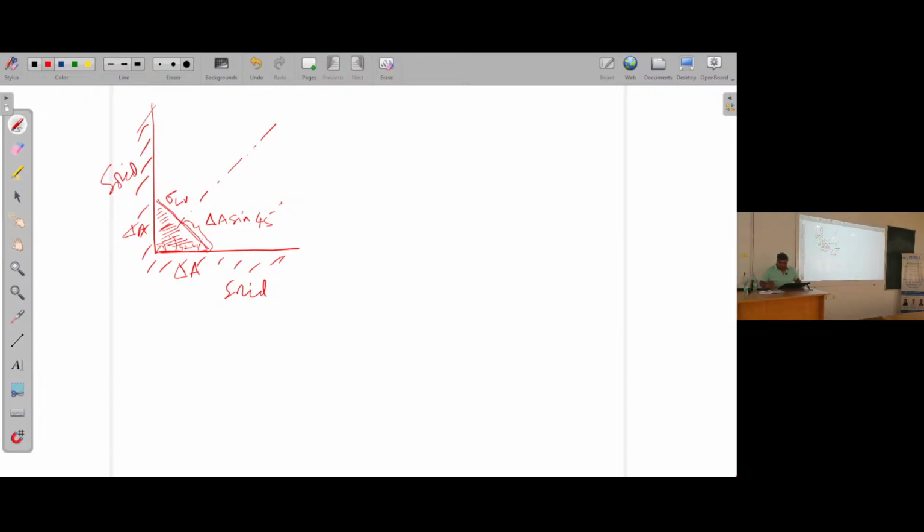So one way to look at it is the surface energy of this as projected onto the surface. So it has to touch the surface, it has to fill the surface. If you project this surface energy onto the surface delta A, you can say that the surface energy is going to be sigma LV delta A, that is joule per meter squared times meter squared, so joule, sine 45.